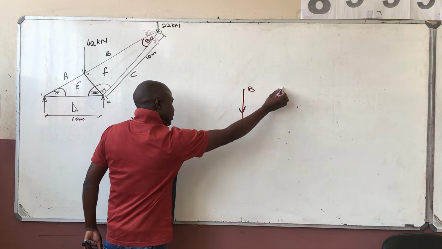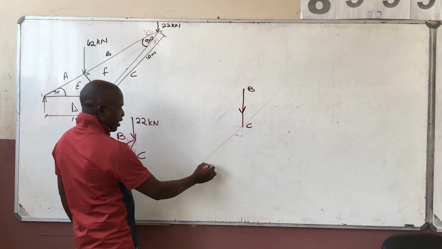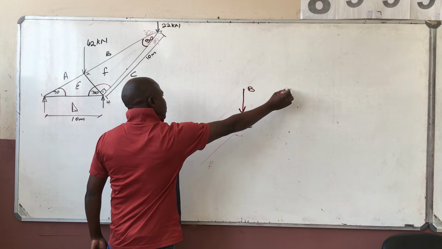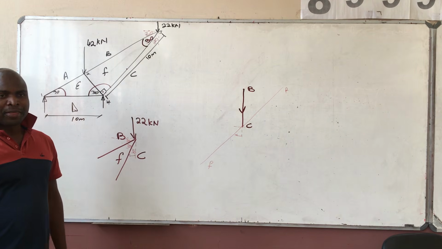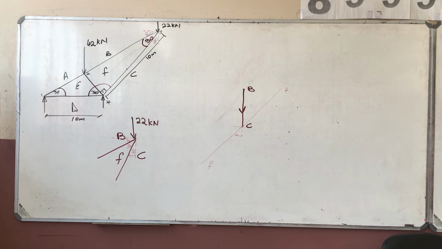Somewhere on this side or somewhere on this side, we have F. I guess you are busy drawing because at the end we need to measure. Make sure that your vertical lines are vertical. Horizontal lines are easy because you measure them against the book lines.